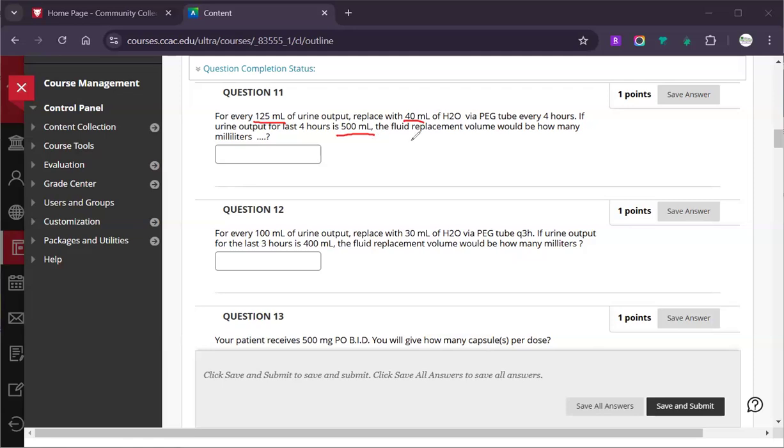So I'm going to take my 500 over my 125 times my 40, and then we're going to get our answer, which I believe is 160. So 500 divided by 125 is 4, times 40 is 160.